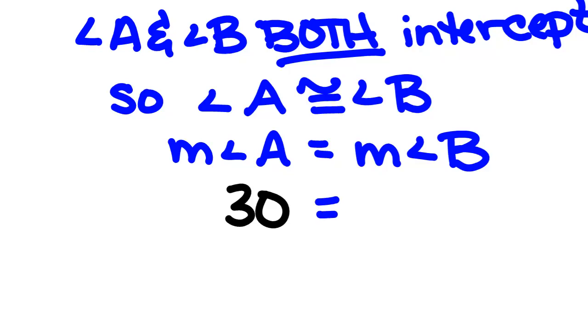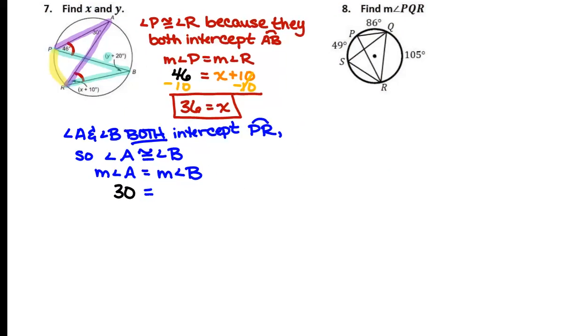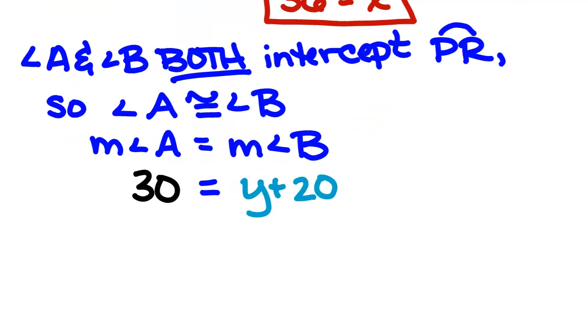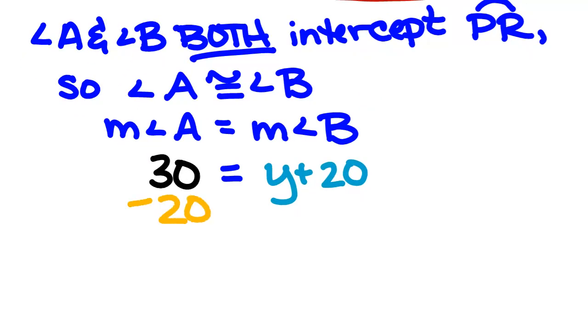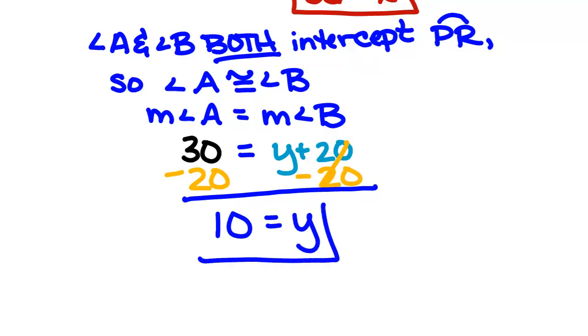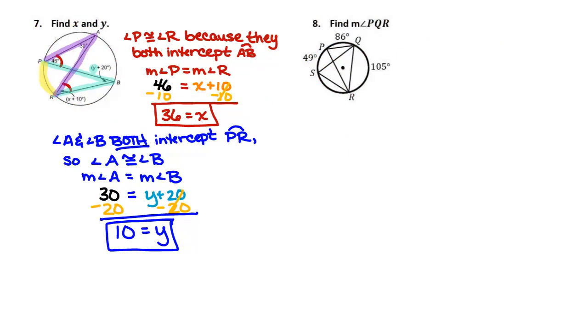So 30 equals, what do we have for the measurement of angle B? Y plus 20. So then to solve this for y, we're going to subtract 20 from both sides. And that means y is how big? Y is 10, yes. Nicely done, guys. Very nicely done.